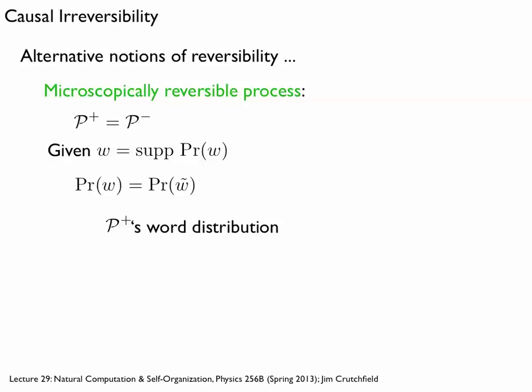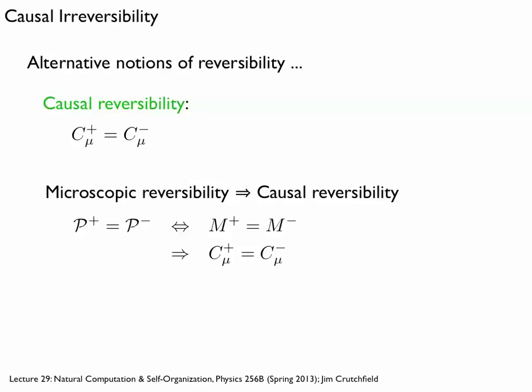Here I'm using the forward process's distribution to compare. If I see a particular sequence this way with probability 0.2, I reverse the sequence, that also has to occur in the forward process with probability 0.2. Then it would be reversible. Okay, that's a very detailed view.